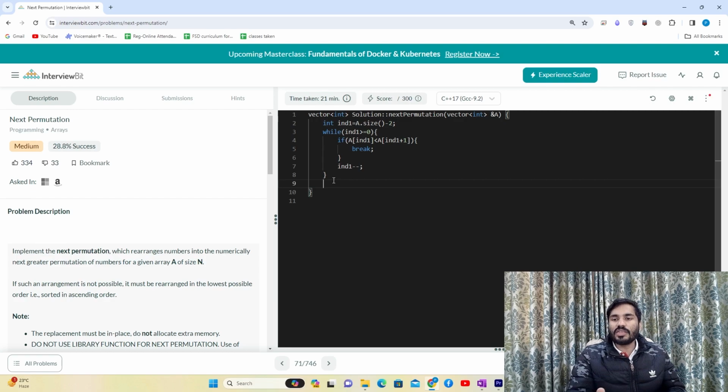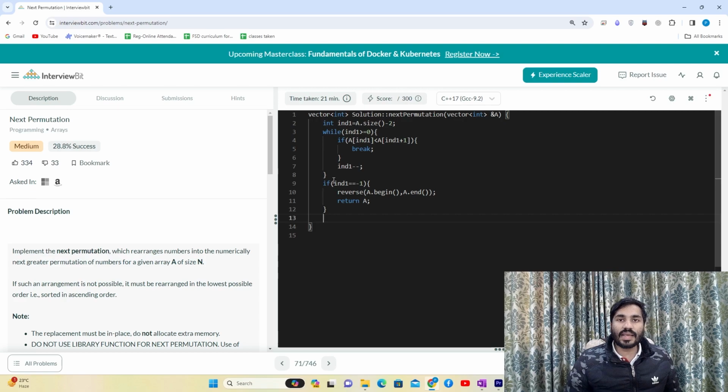So we just reverse the entire array and return it. So if our index 1 becomes minus 1, that means the entire vector was in the descending order. We simply reverse the entire thing, a dot begin, a dot end, and return a as the answer.